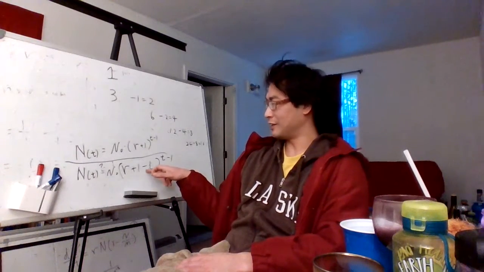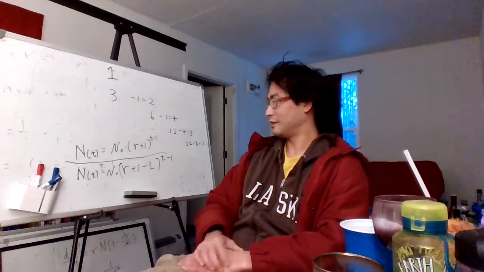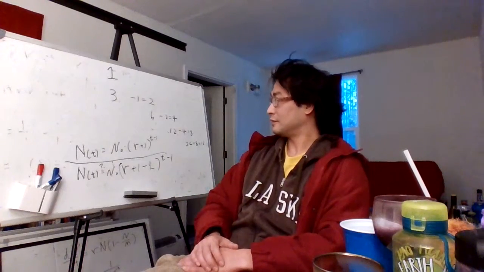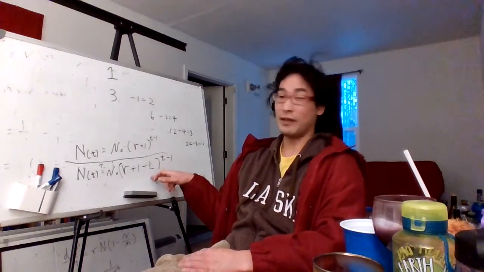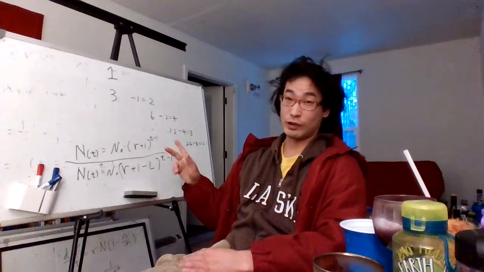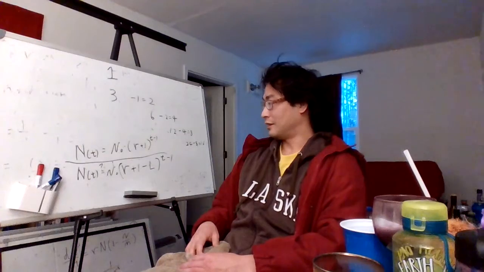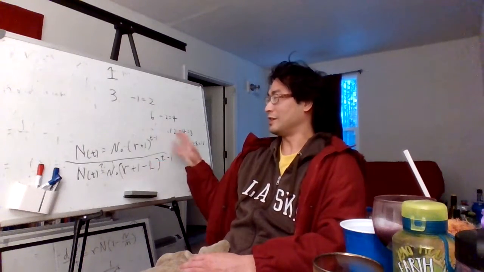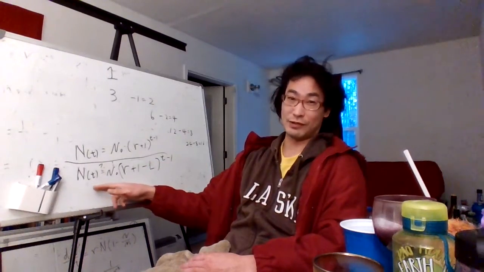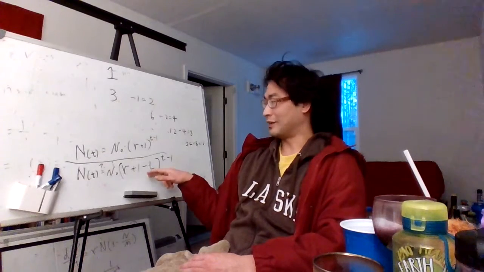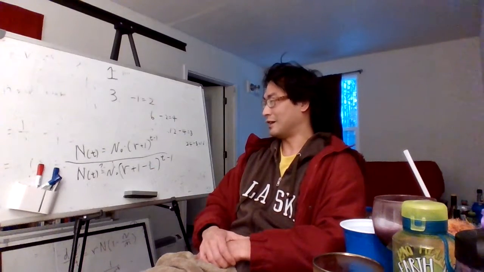I don't think it's minus L, because if this mayfly lives longer than 1 day after reproduction, then it should increase the number of the population. It cannot be minus L. Then what is it? I don't know.